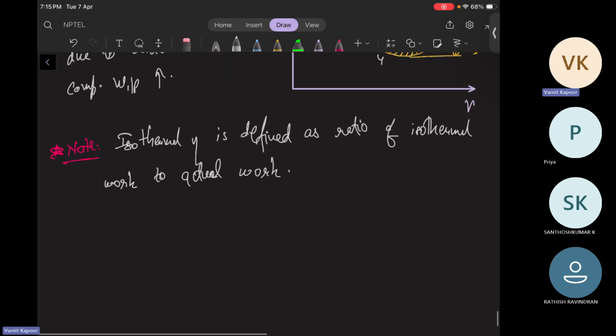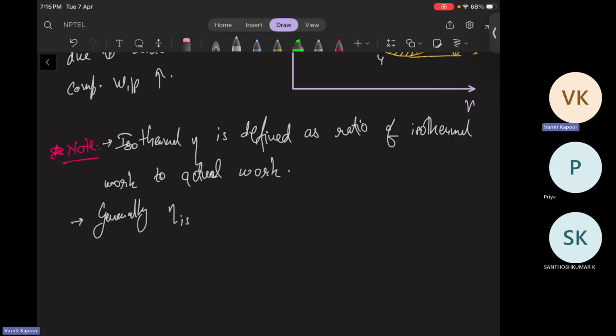And generally its value varies from 80 to 85%. Okay.